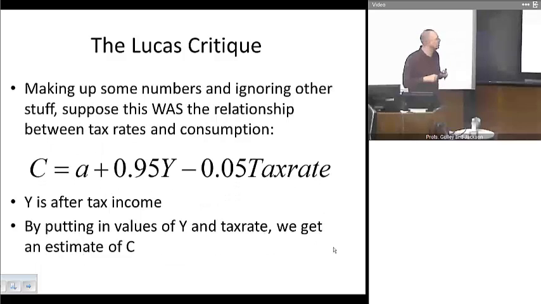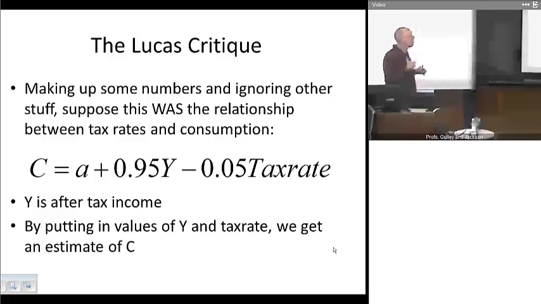And so let's make up some numbers here. Let's suppose, just for the sake of argument, that economists had gathered a bunch of data, and again, we're going to ignore other things here, and suppose they found the relationship between consumption and real income and the tax rate to be the little equation I've got there.